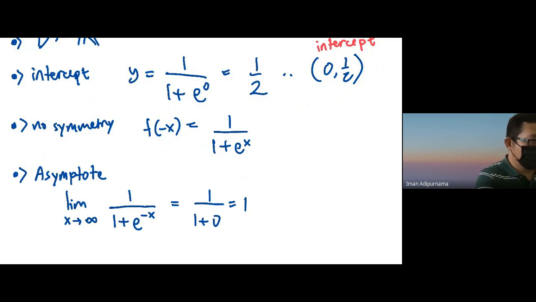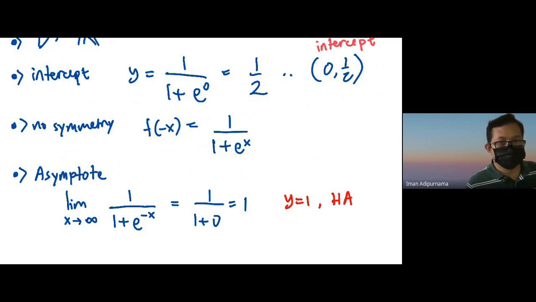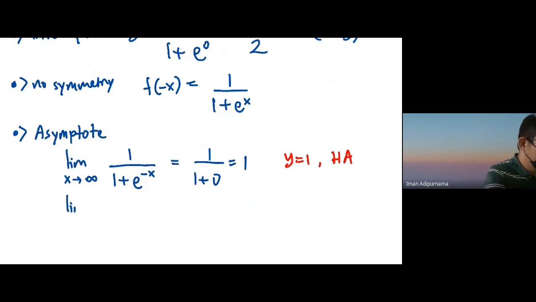So y equals 1 will be a horizontal asymptote. But remember, we also need to be careful.